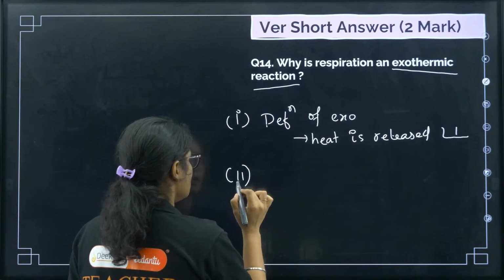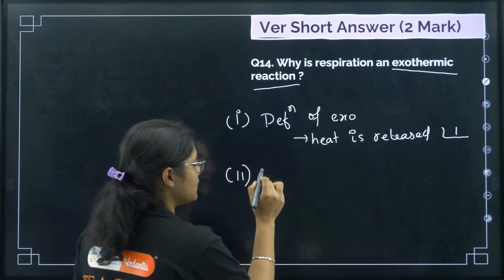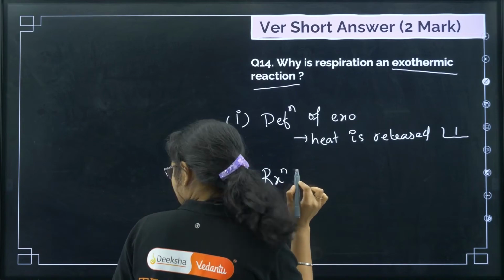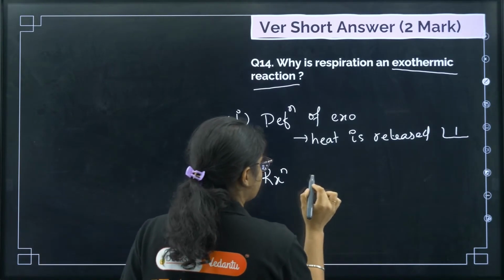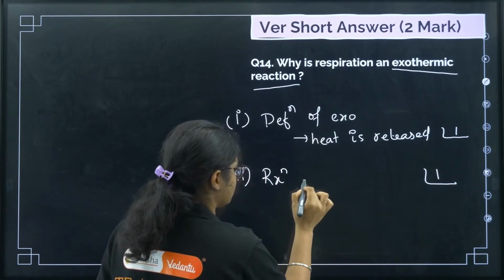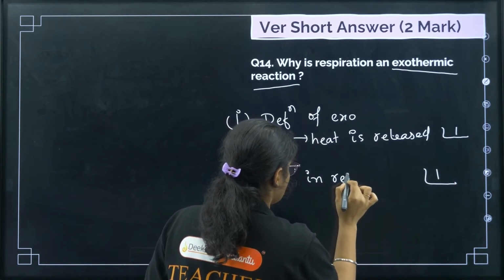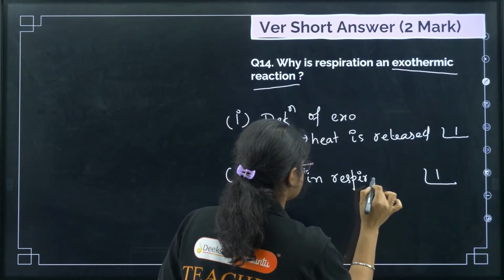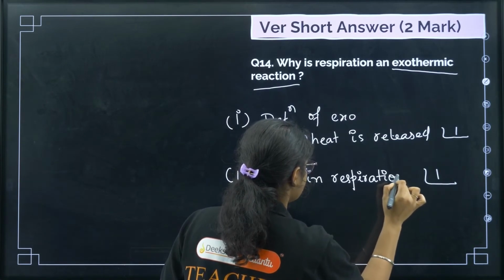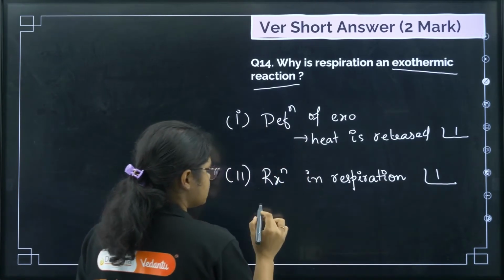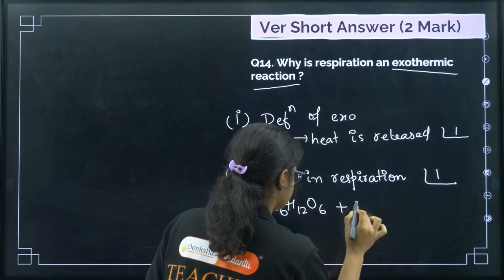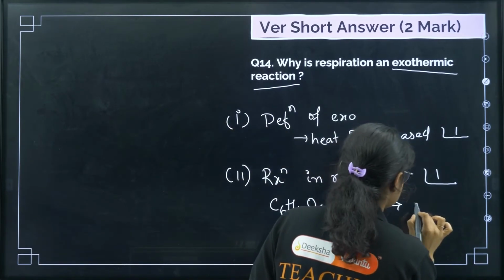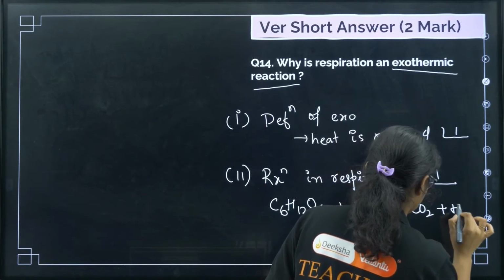Next you have to write what type of reaction takes place in respiration. The respiration reaction is C6H12O6 plus O2 gives you CO2 plus H2O.